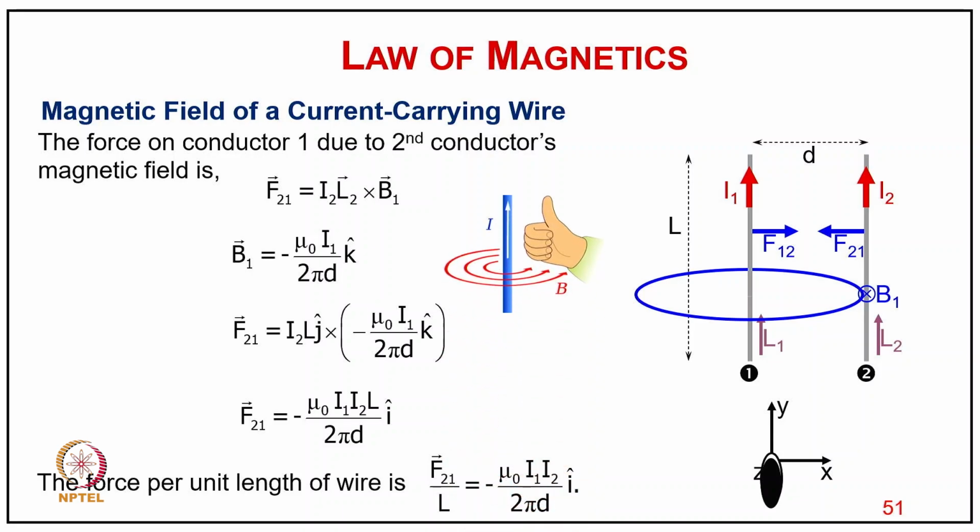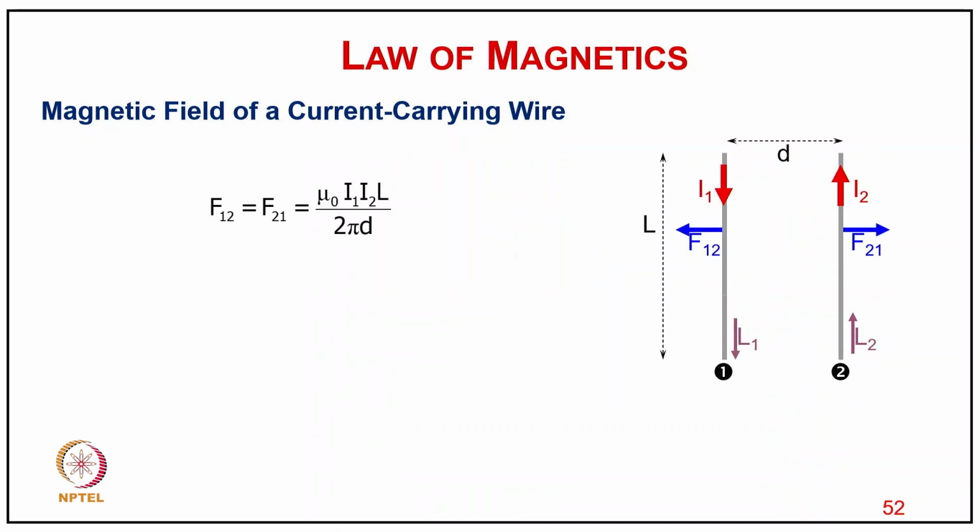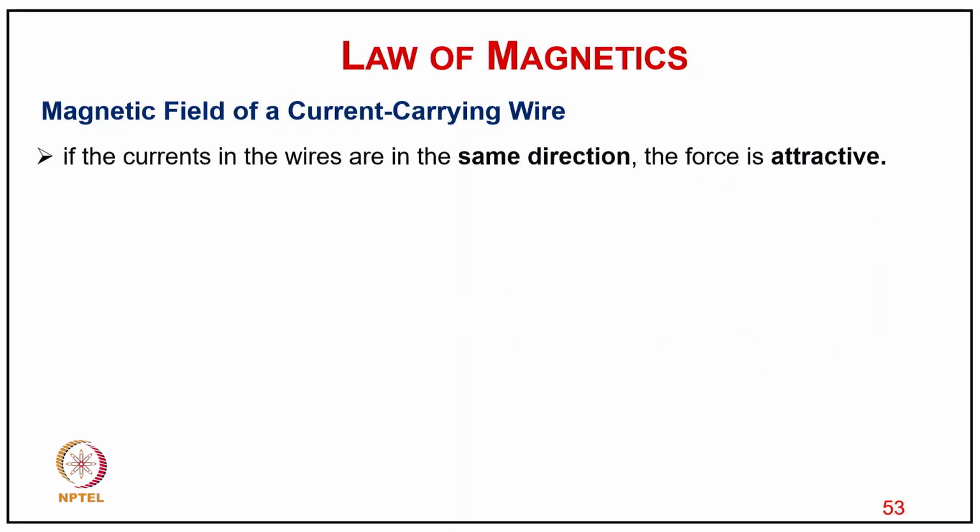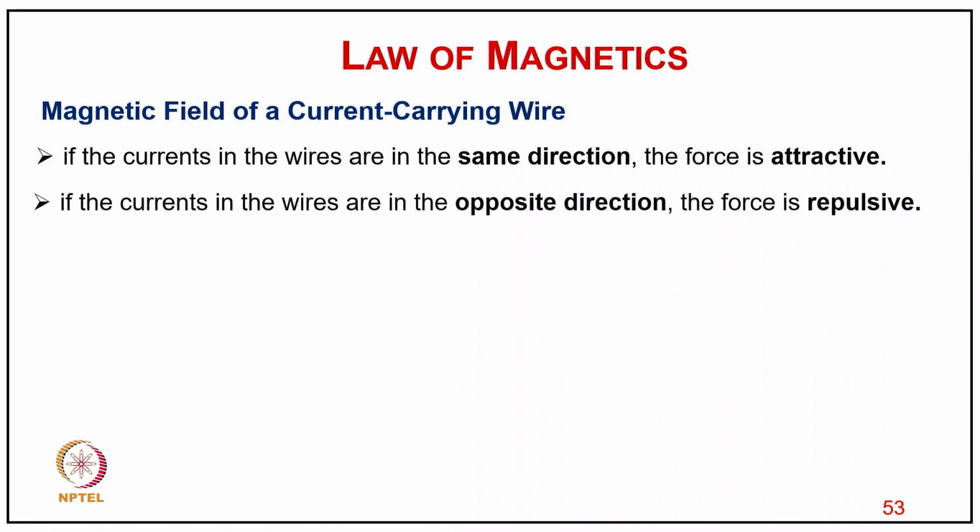And finally we use the concept of how one current carrying conductor produces a field and another current carrying conductor experiences a force due to it. Similarly, for the magnetic field of carrying conductors in opposite directions, you can derive the relation for the forces. If the currents in the wires are in the same direction, the force is attractive.